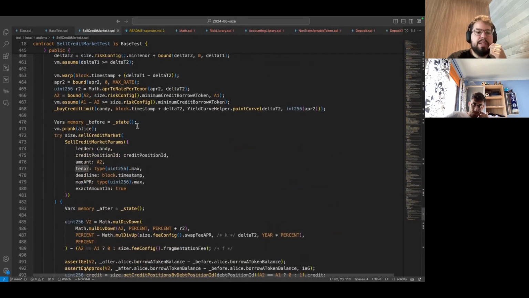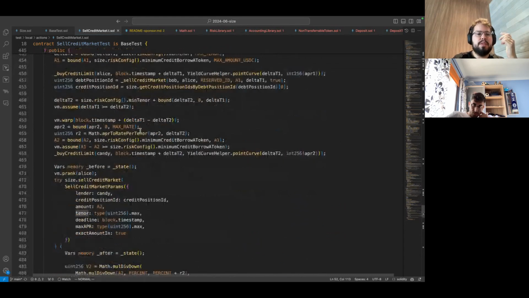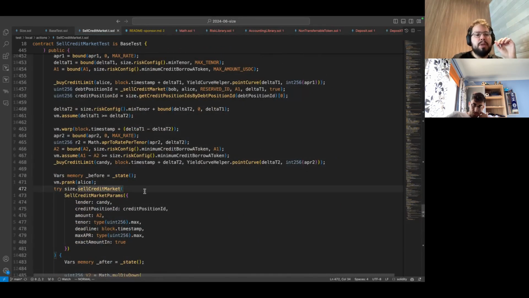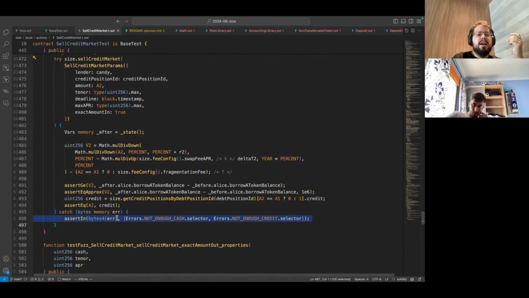I have that in some places. For example, I have it in other places. But another idea is to do a try catch and then make sure that the errors are only the ones that you are expecting.